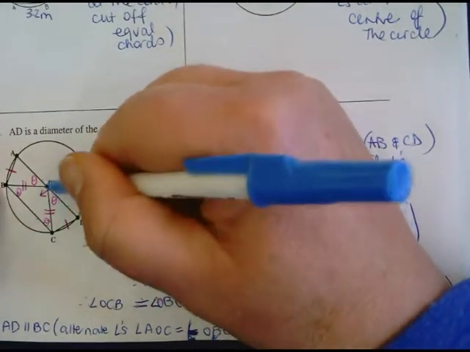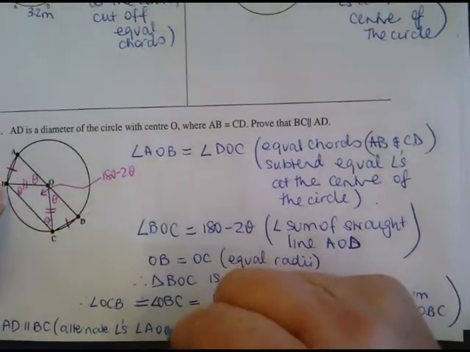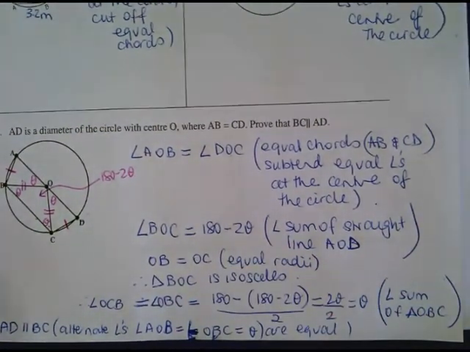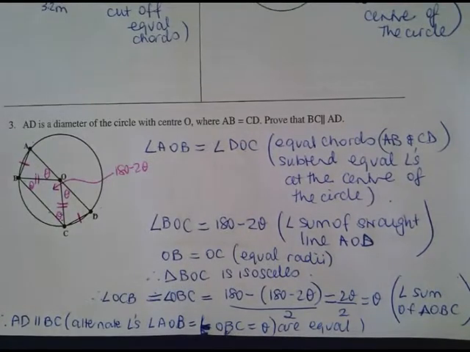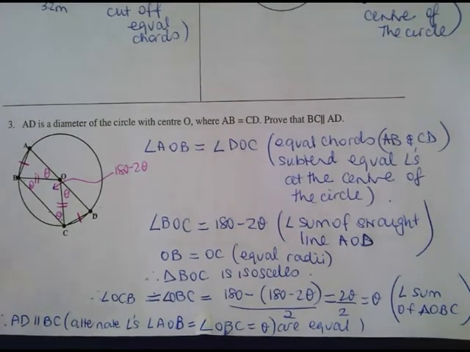AOB is alternate to OBC. So they're parallel because the alternate angles AOB and OBC are equal. Or we can say angle AOB is alternate to angle OBC and they're also equal. Theorems and their converse. Okay?